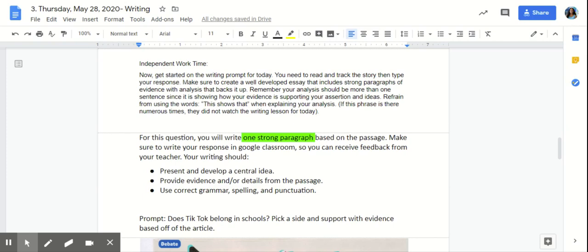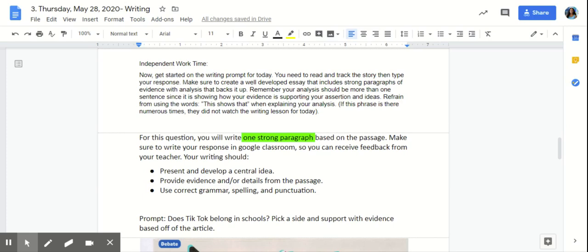So you should have pencil and scratch paper in front of you. You're going to make sure to remember your analysis should be more than one sentence since it is showing how your evidence is supporting your assertions and ideas. Refrain from using words such as this shows that when explaining your evidence.